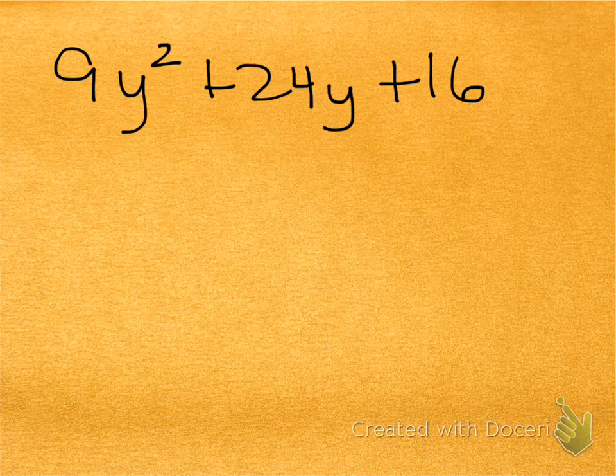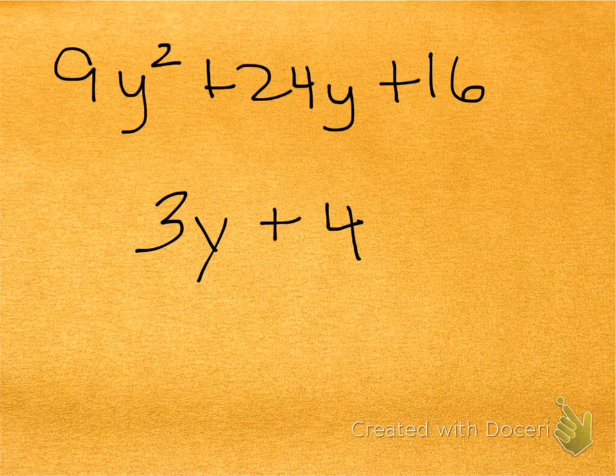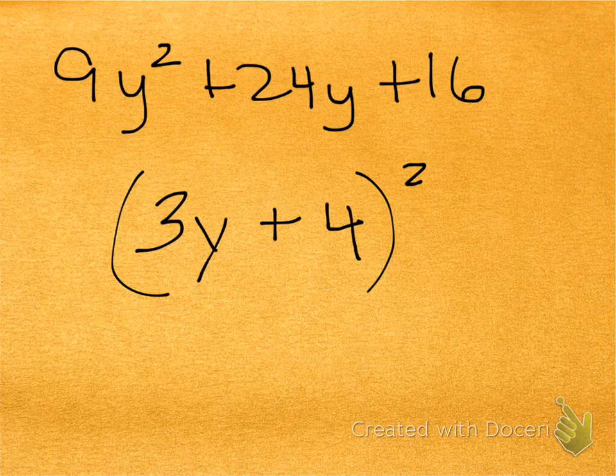So all we need to do is take the square root of the first term, so 9, and then take the square root of the second term, or 4, and since they're both plus, we're going to have them be plus, and so our final answer, if we factor this, would be 3y plus 4 in parentheses squared.